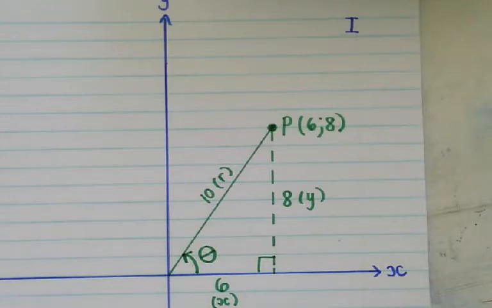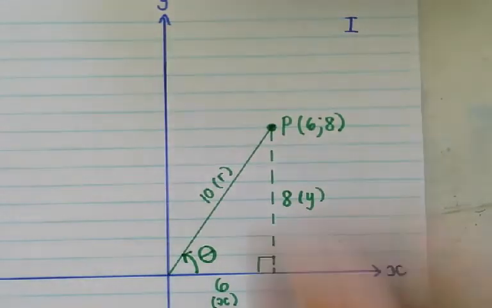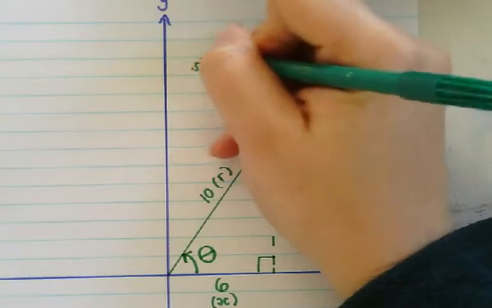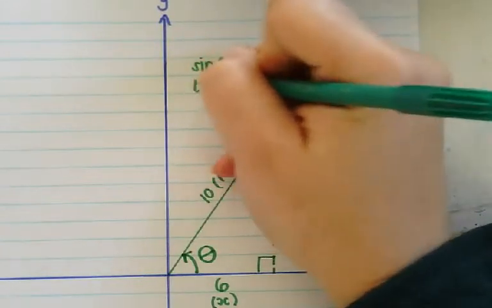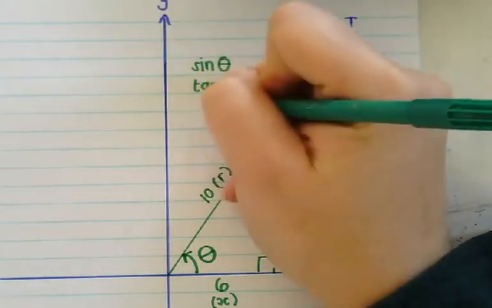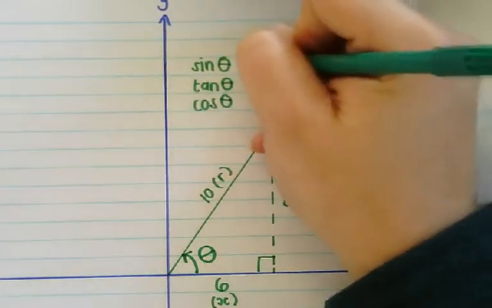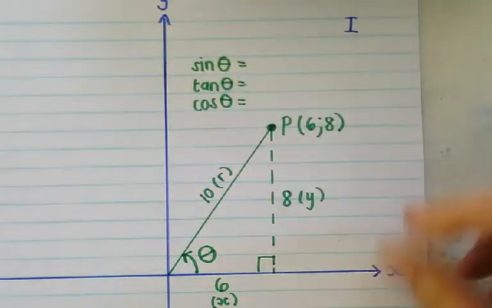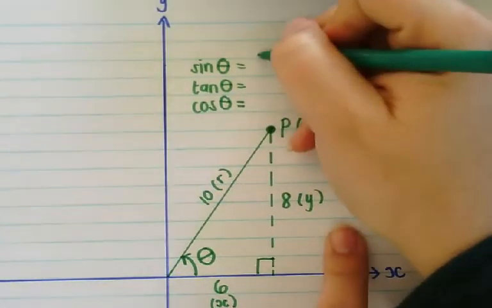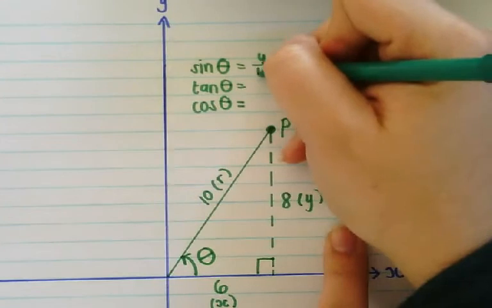Okay. So if that is theta, is x or y my opposite value? Y is my opposite. So if I had to do all three of my trig ratios, sine theta, tan theta, cos theta, opposite y over hypotenuse r.